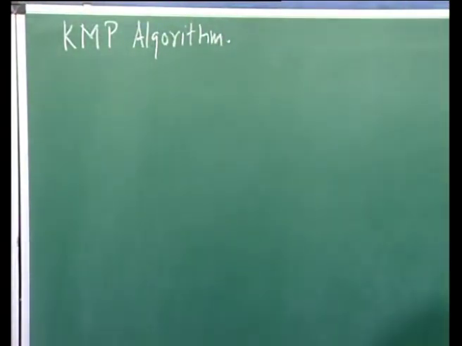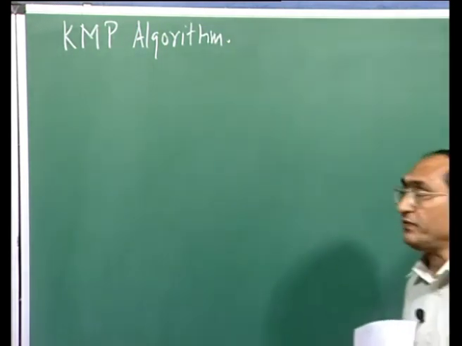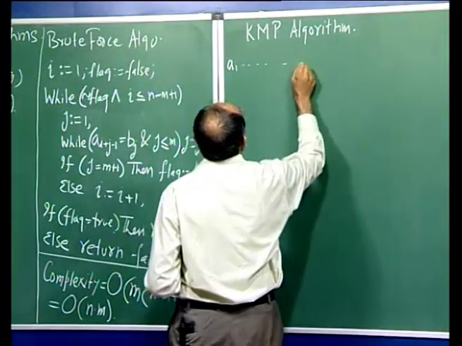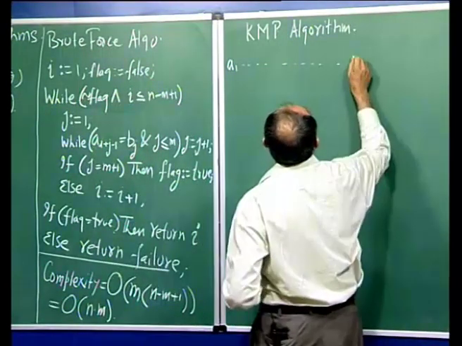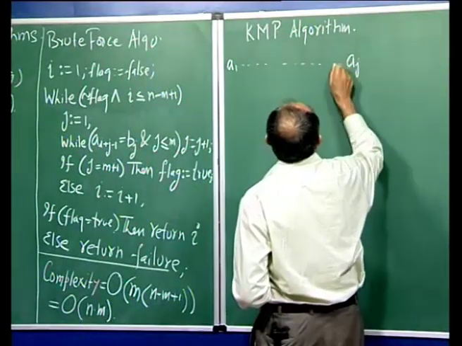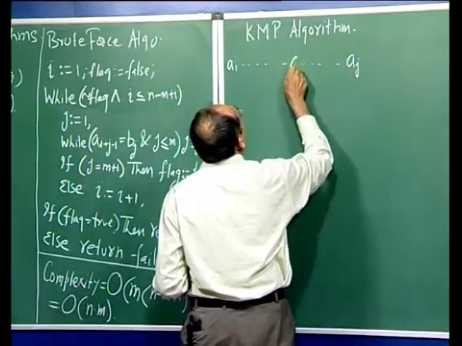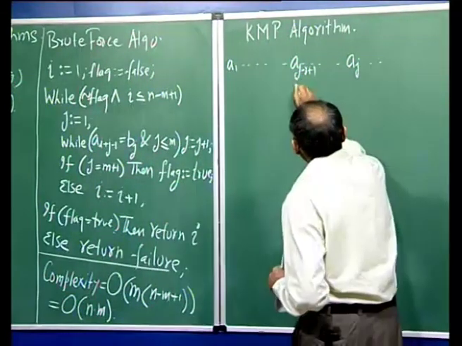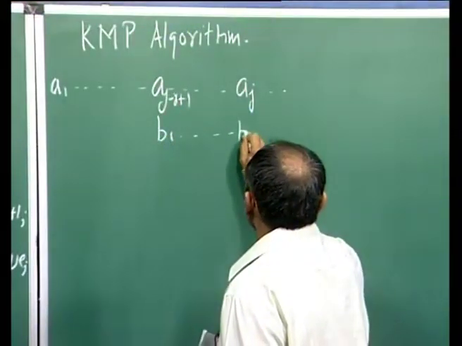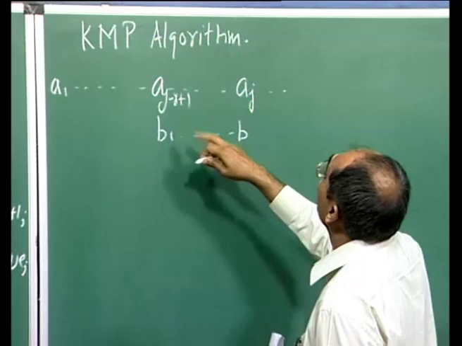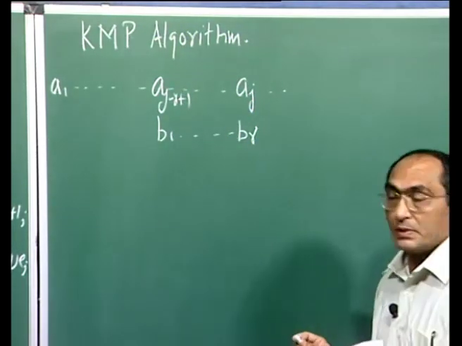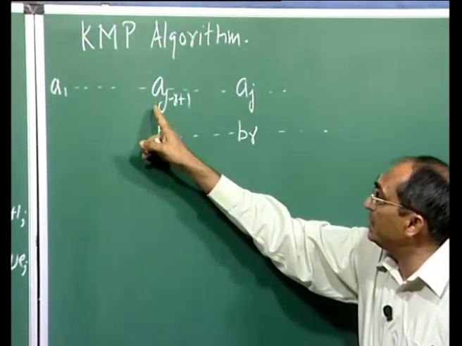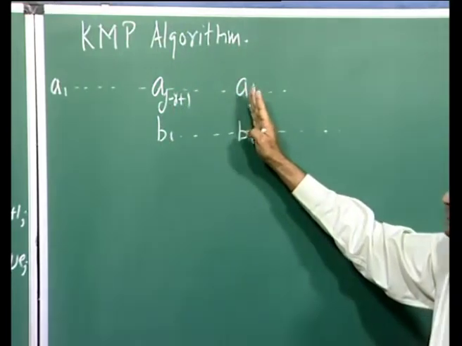Let us try to analyze the situation when we find a failure. Let us suppose we have our text string. Let us suppose at some stage we started matching B1 with this and proceeded up to this point.